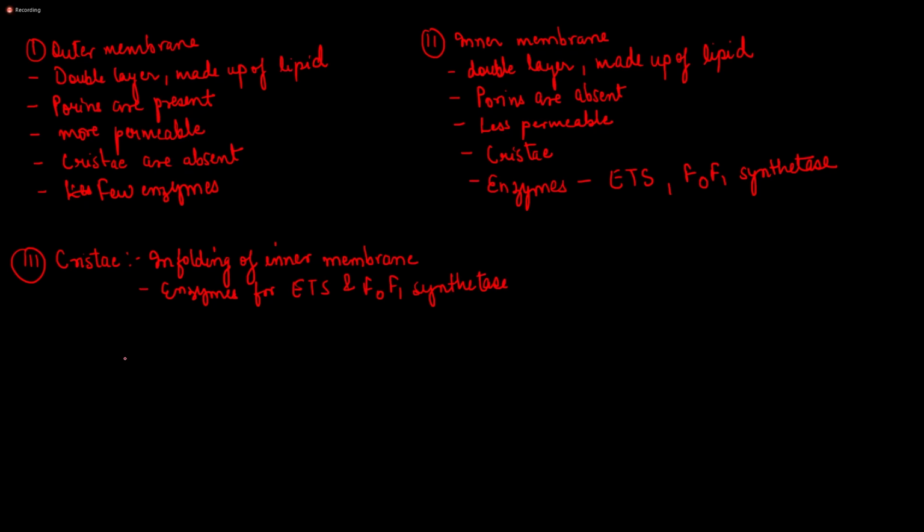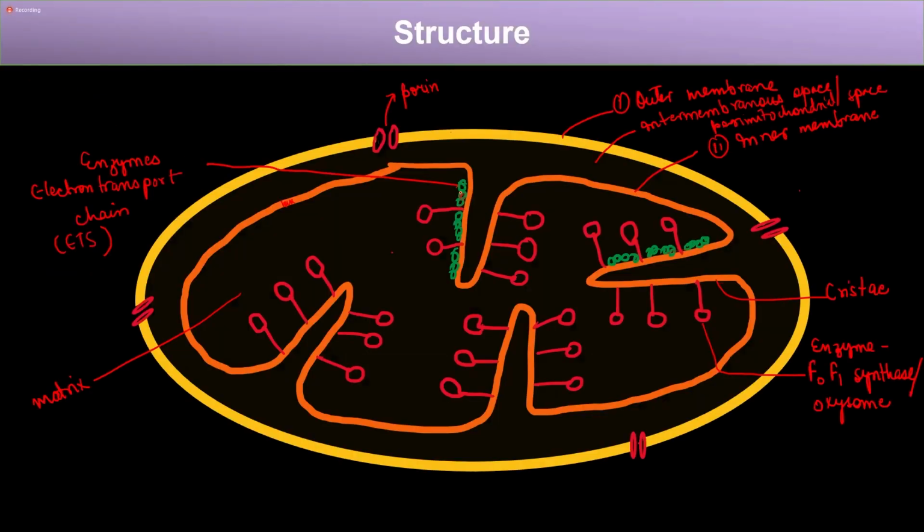Apart from this, what is the function of cristae? It is a site for oxidation and reduction. What do we mean by that? Like I said, it comprises these enzymes, and these enzymes are part of the electron transport chain.